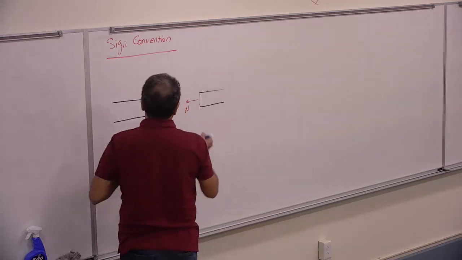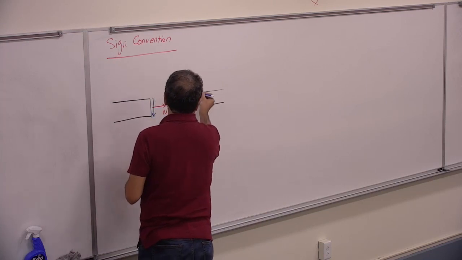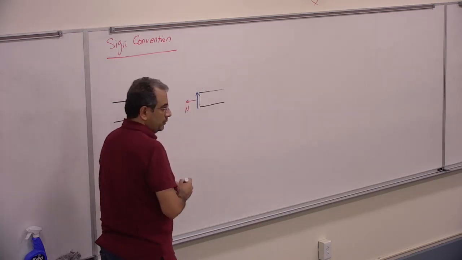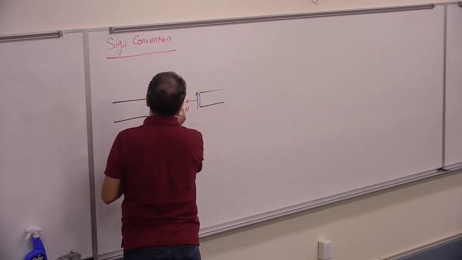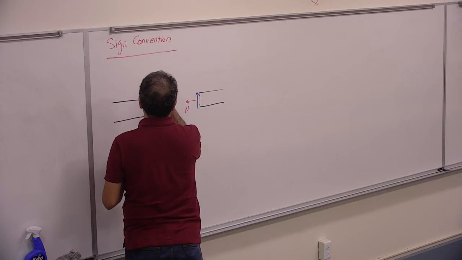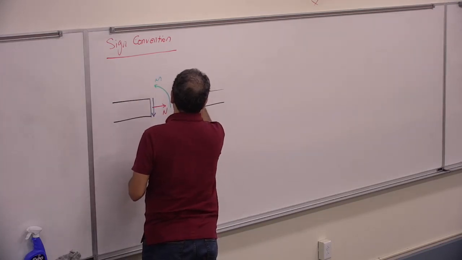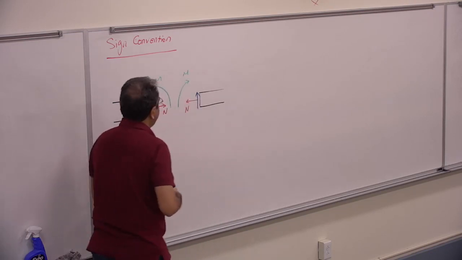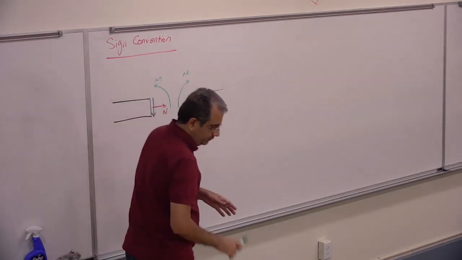For the V, it's positive when it's like this on this side and this on this side. Otherwise, it would be negative. And for the M, this is positive. On the blue marker, what letter goes with that?